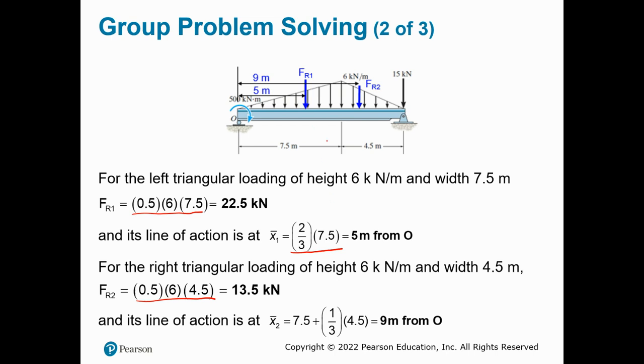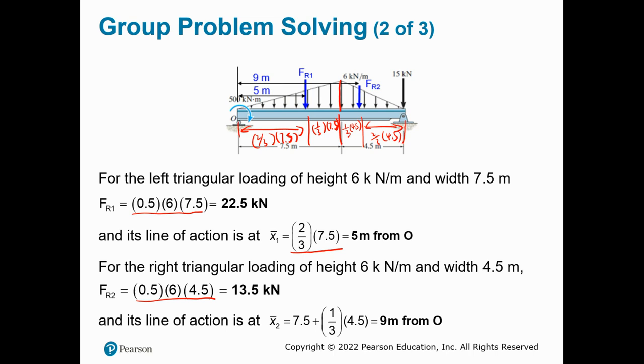Now be careful where your reference point is. For the first triangle, this is 1/3 of 7.5, and this part here is going to be 2/3 of 7.5. Similarly, this portion is going to be 1/3 of 5.4, and this portion here is going to be 2/3 of 5.4.